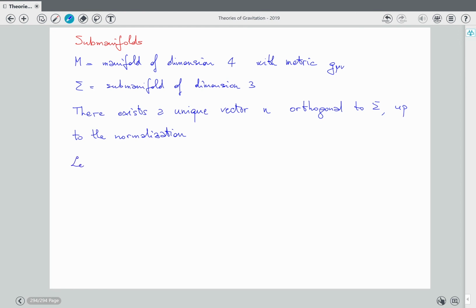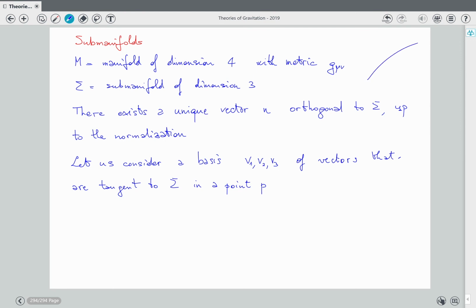So let us consider a basis V1, V2, V3 of vectors that are tangent to sigma in a point P. So, submanifold, sigma, vector, normal.